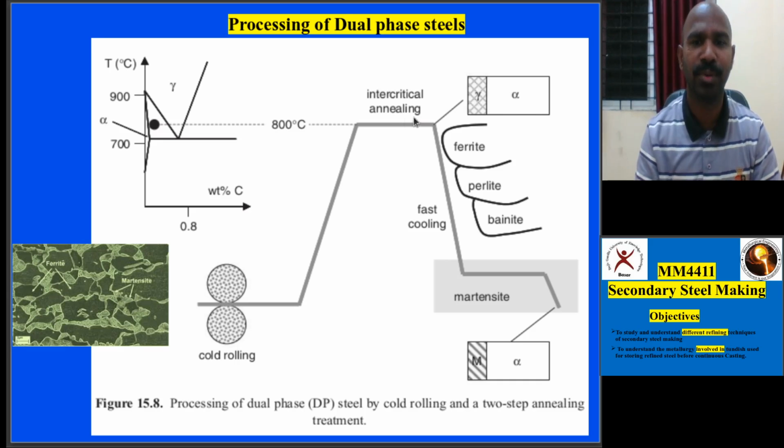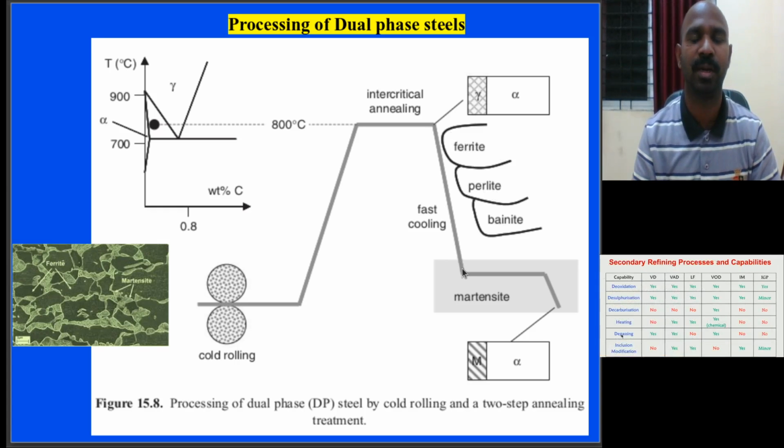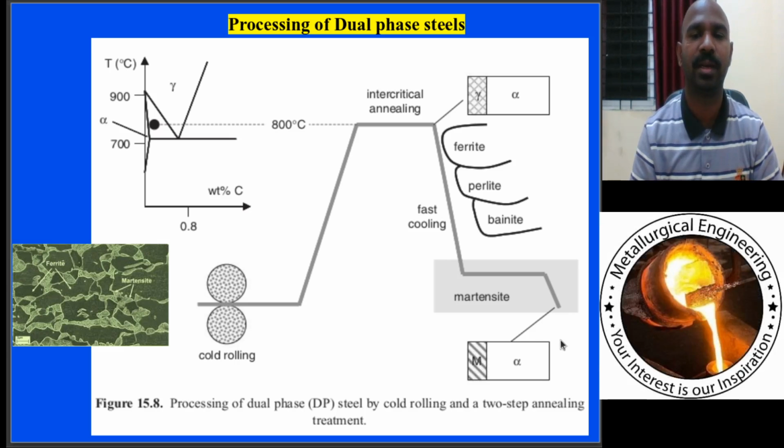After 1 hour soaking, to avoid the formation of further ferrite, pearlite and bainite, the fast cooling route is chosen, so that at the martensite starting temperature it starts to form martensite and it ends at the martensite finishing point, so that you will have this much amount of martensite, around 20%, and the remaining is ferrite.